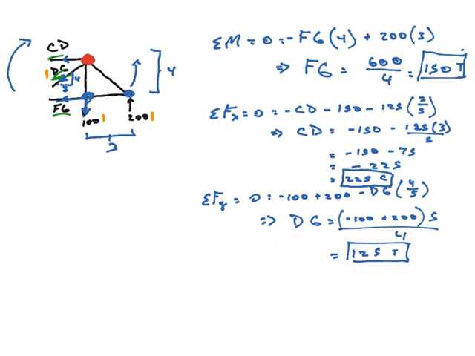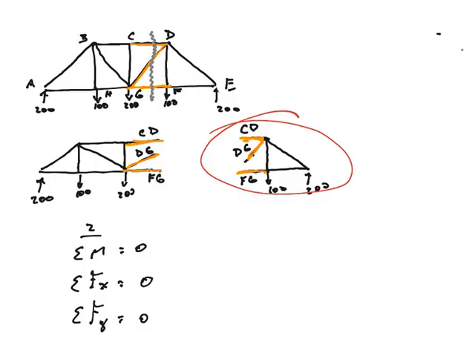I've now calculated the force in these three particular members. And what's interesting is we didn't have to find the force in all of these other members. We didn't need AB, we didn't need AH or BH or any of these other things. We didn't calculate any of that.